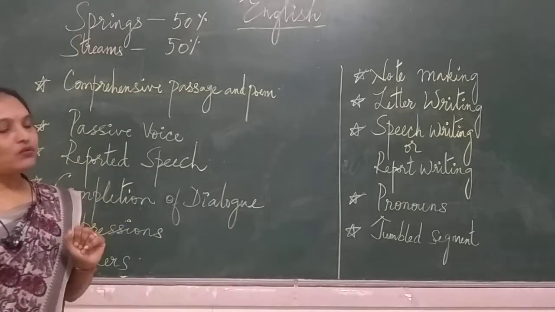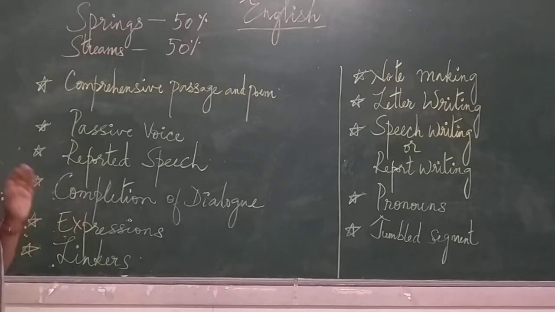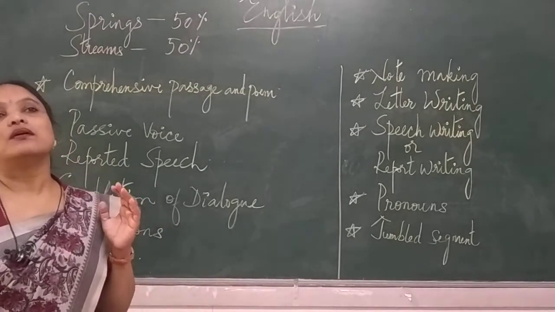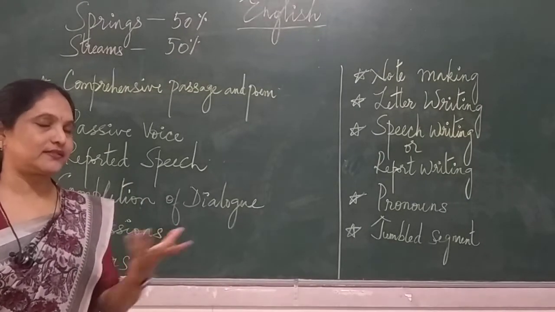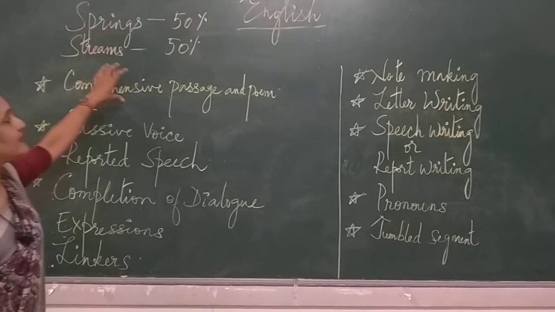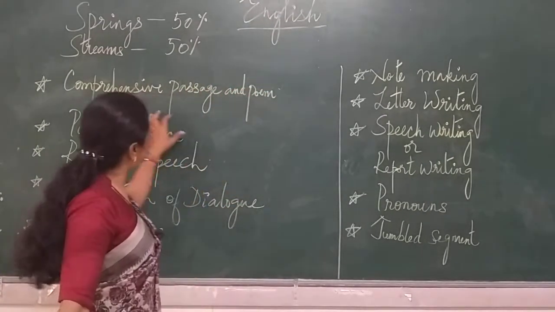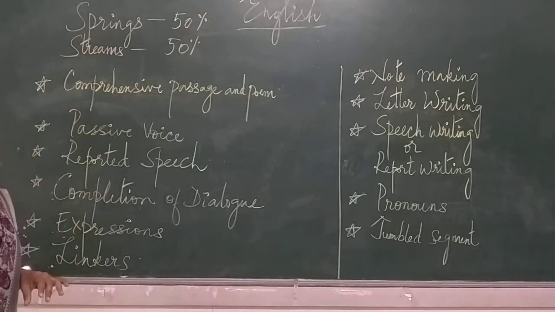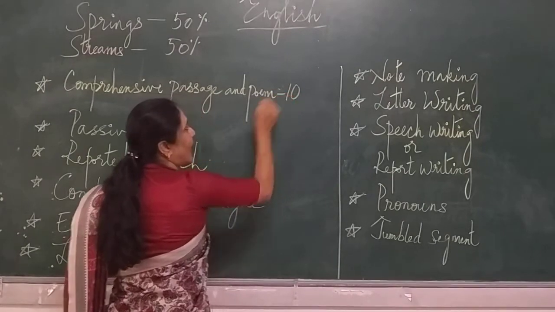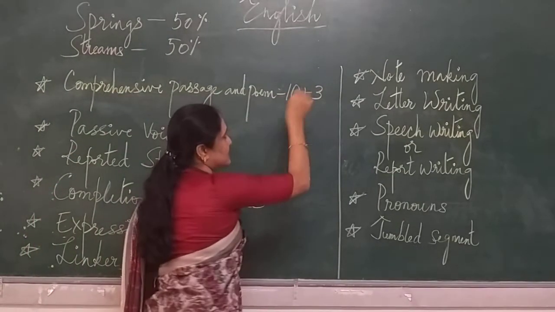Now let me tell you, in your English annual exam question paper, you will be having a comprehension passage and poem. In the comprehension passage, you have 10 marks, and for the poem, you will be having 3 marks.